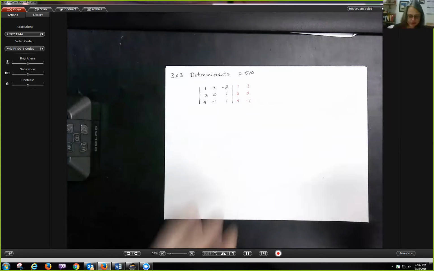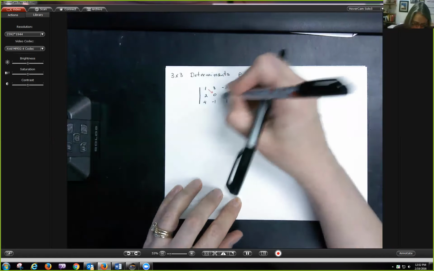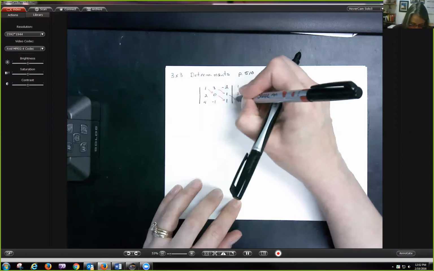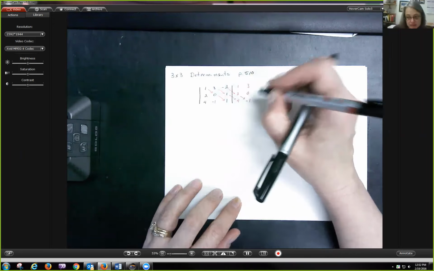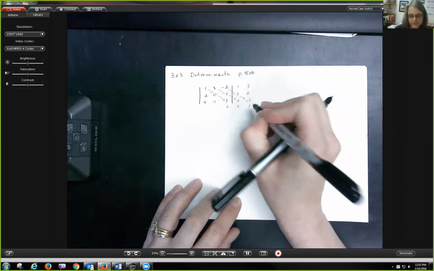So what we're going to do is we're going to take all the downward diagonal products. And the downward diagonal products all get plus signs.